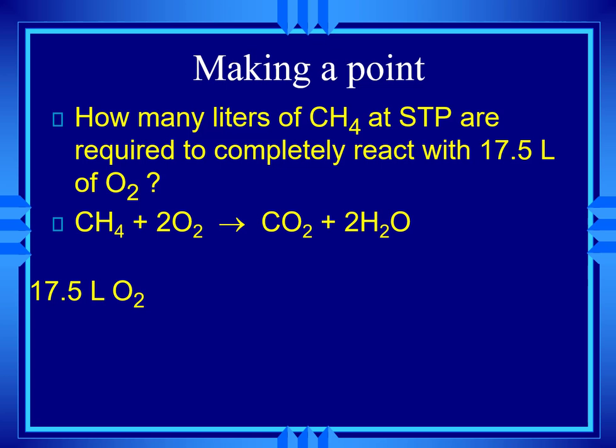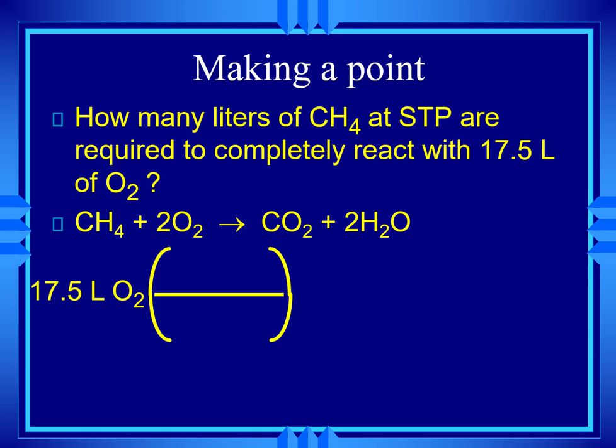We start off with the 17.5 liters of O2. And then we follow that same chain. What unit do I want to get rid of? Well, the one they gave me, liters of O2.